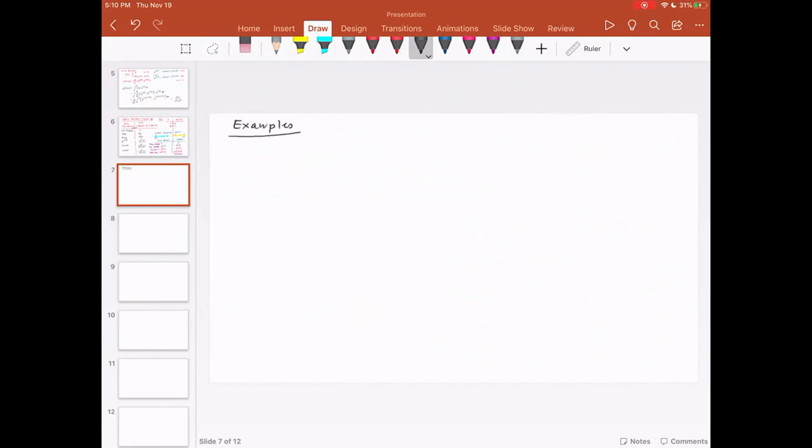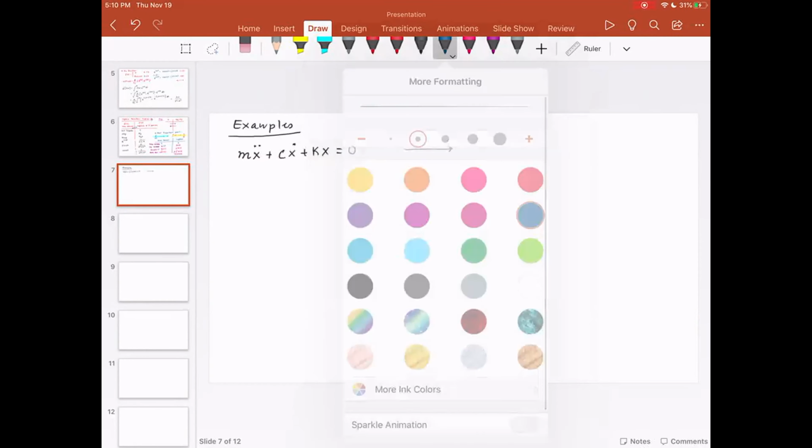First example: if you have a differential equation, something like m x double dot plus c x dot plus k x equal to 0. This differential equation is in time domain. Now I want to convert this differential equation into Laplace domain. It's very simple. Check this out.